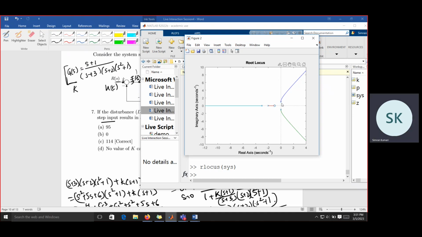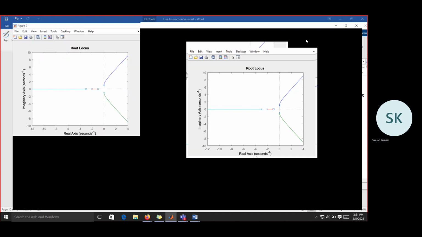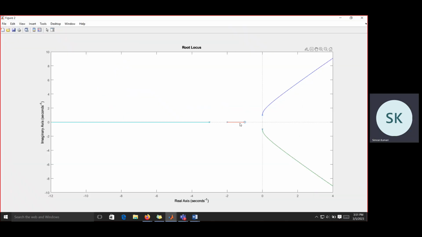Here we can see there are 4 poles. One pole is always in the left half plane. This pole is also in the left half plane and reaches this point as k tends to infinity, which is also in the left half plane. So these two poles are stable. But these two complex conjugate poles, as k increases, even for a small value of k, are in the right half plane.